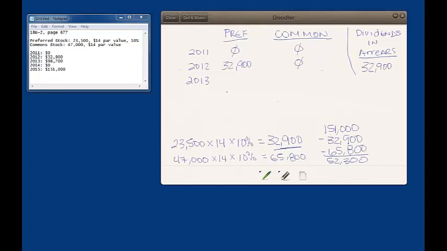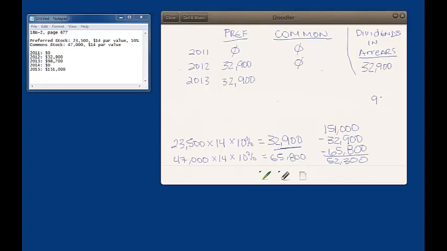2013, we have $98,700 dividends to pay. So first, we pay the dividends in arrears to the preferred stockholders before we even do anything else. Okay, so how much do we have left?